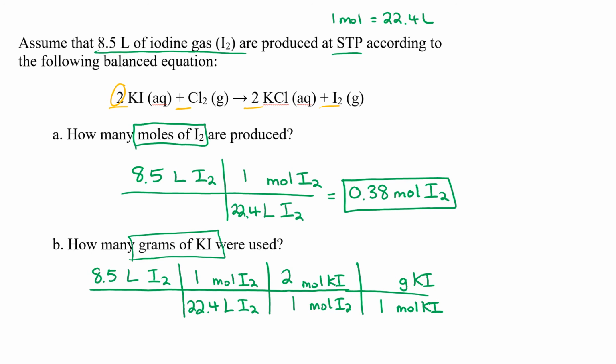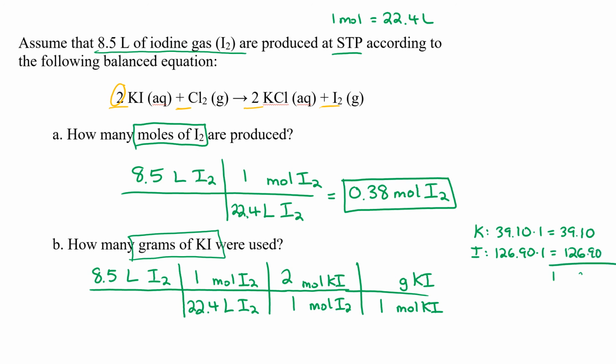And I see grams of KI. I need to find the molar mass by going to the periodic table. So I'm going to do this calculation on the side. K is 39.10. And I only have 1 of it, so it's 39.10. I have iodine, which is 126.90. 1 of it again, so it's the same number.